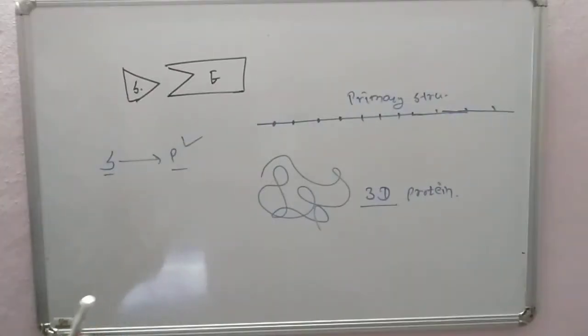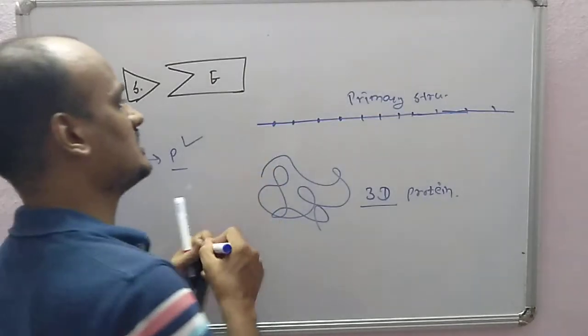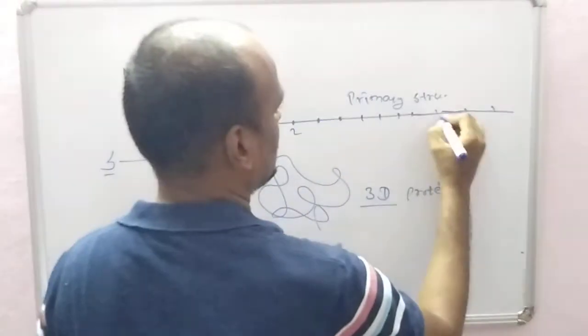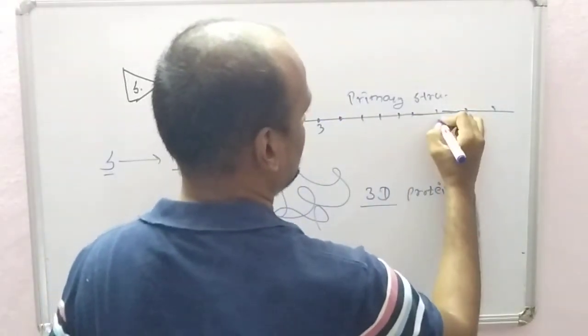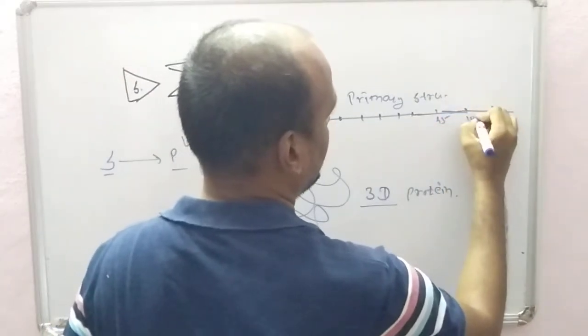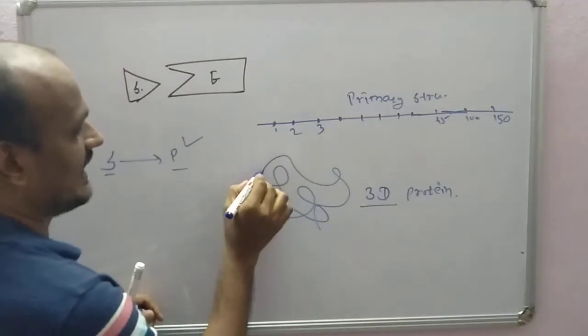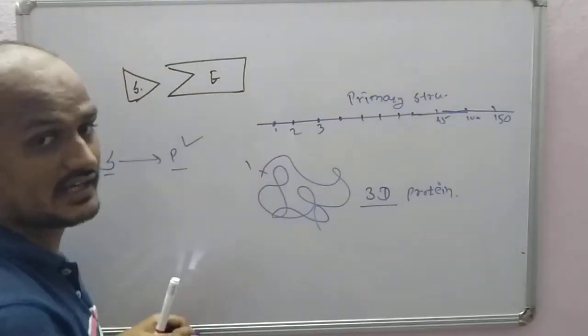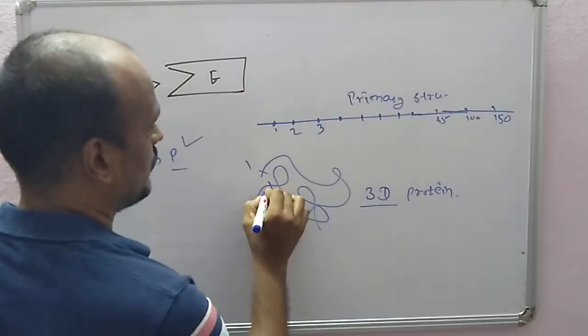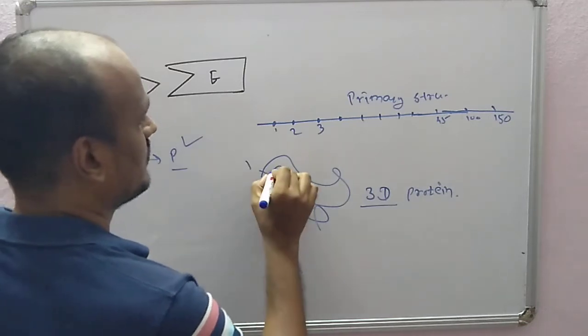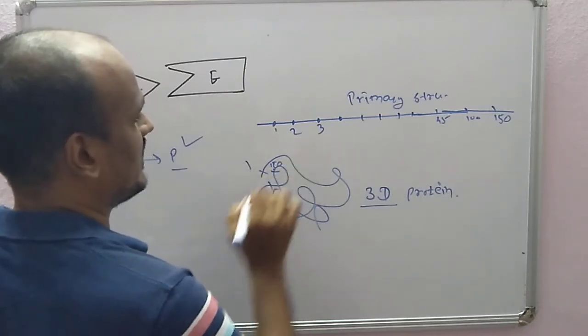When we say active site, this is 1, 2, 3, likewise up to 45, 100, 150. If this is the active site, the 1st residue can come here, the 45th residue can come here, and the 150th residue can come here.